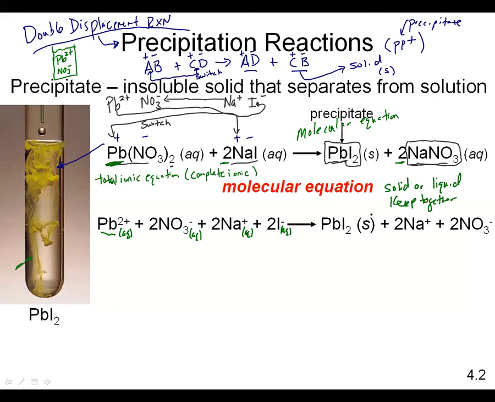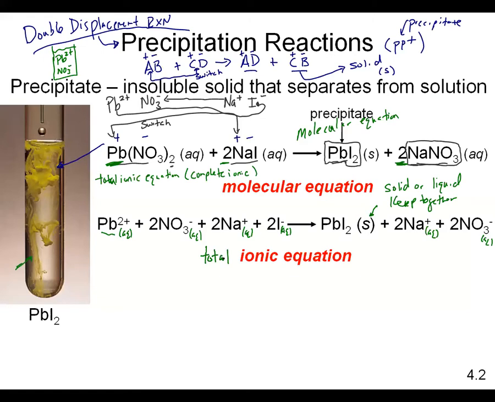So that is why here we did not break apart our lead(II) iodide, because that again is a solid and would be kept together. When we come to our sodium nitrate, the sodium will break apart into ions. We'll get 2 sodiums, again distributing that 2 in front, and we will get 2 nitrates. This again is what is sometimes referred to as the total ionic equation or complete ionic equation.